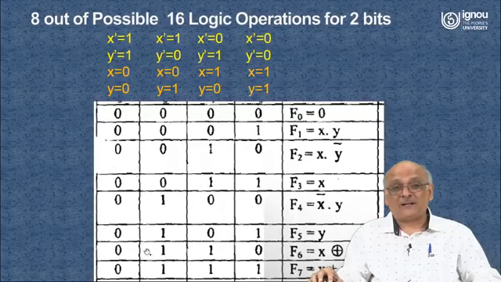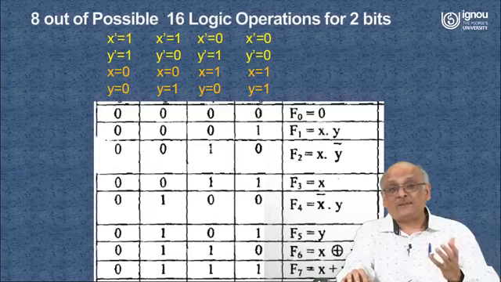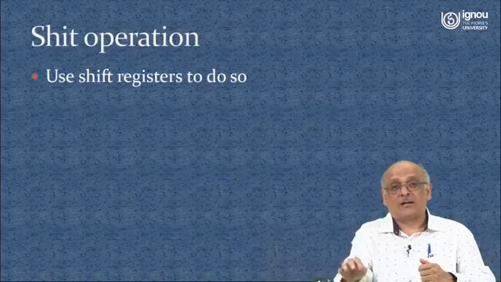XOR is an important one over here. You know about it: x0, y0, output is 0, right? x0, y1, output is 1. x1, y0, this is what it is, and x1, y1, for XOR it should be 0. So that is an XOR operation. So that's how the micro operations can be simulated, but only a few can be selected, and accordingly the circuit will be made for the logic micro operation.